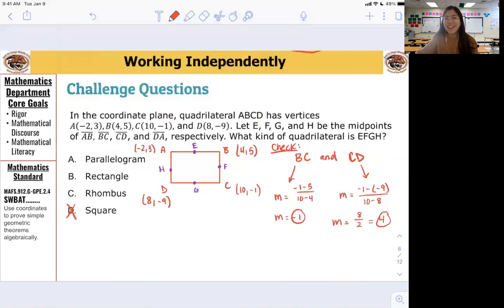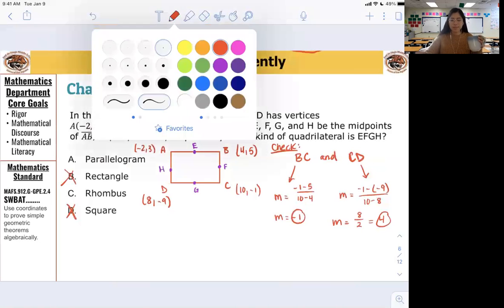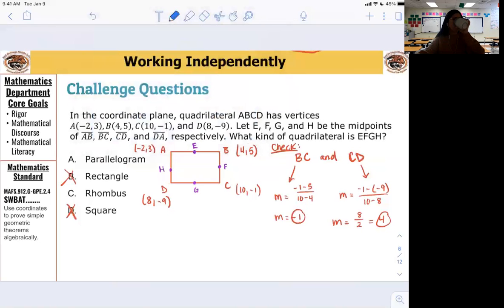Jalen, that's so rude. So it's not, oh, never mind. You already crossed it out. Yeah, so it's not a square and it's not a rectangle. But what can we check to see if it's a rhombus? Perpendicular diagonals. Let's go ahead and do that.